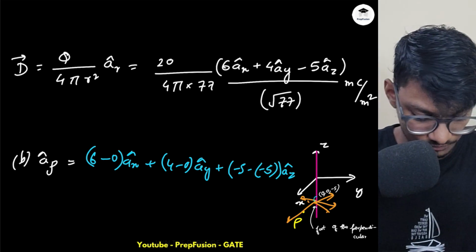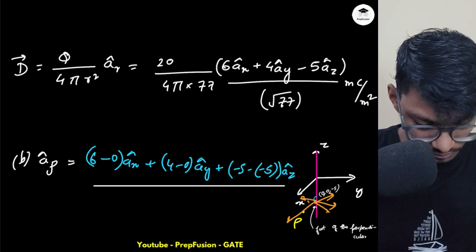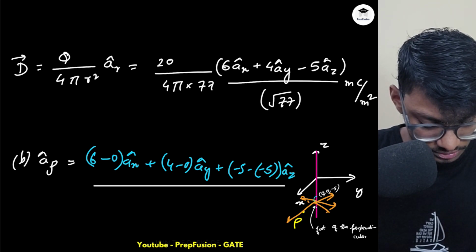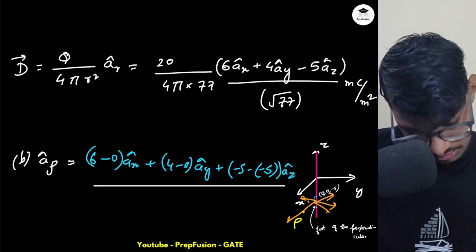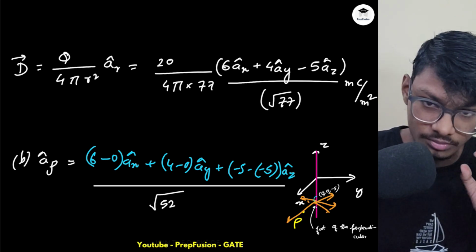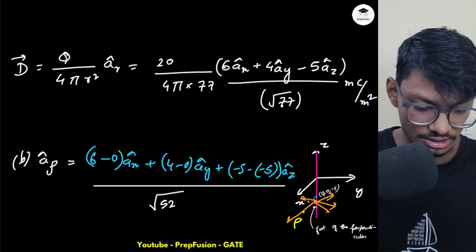Okay, so obviously I have to divide by magnitude as well. This will be 36 plus 16, it will be 52. Okay, so magnitude will be root 52 simply. So now I know arrow cap direction, I know the magnitude.